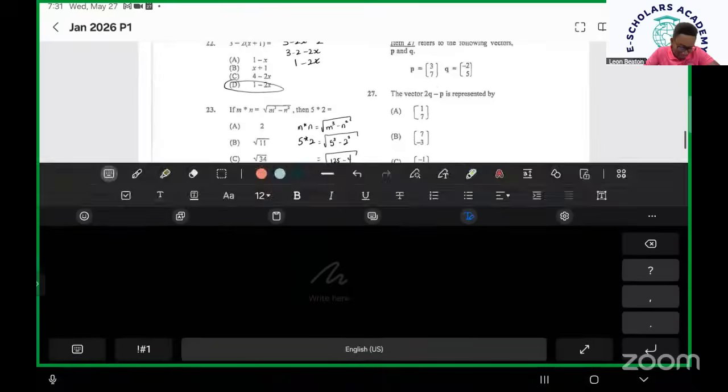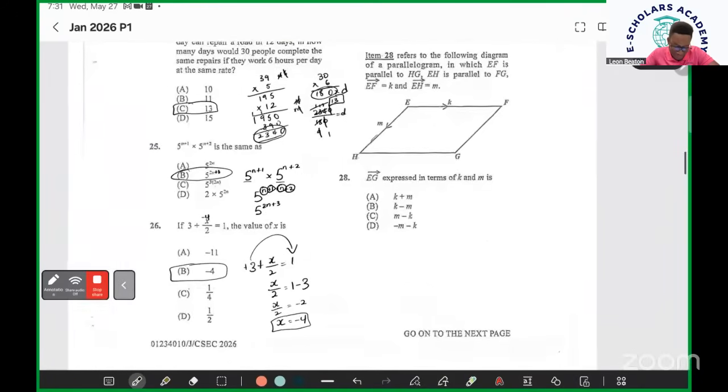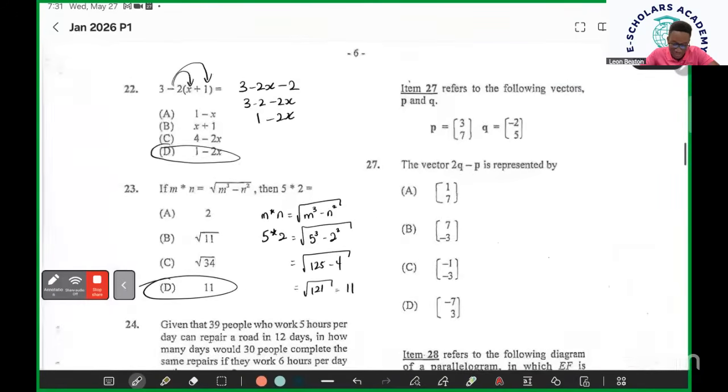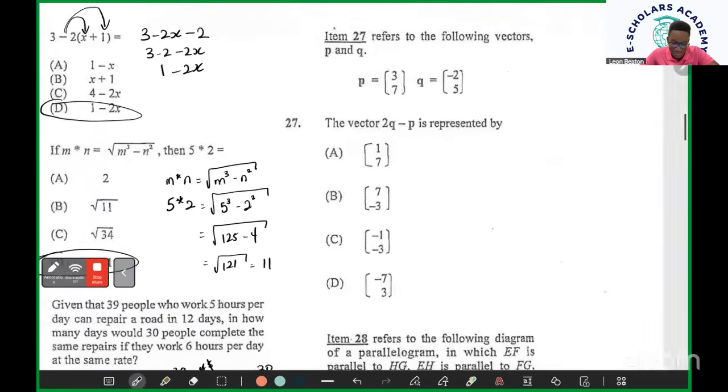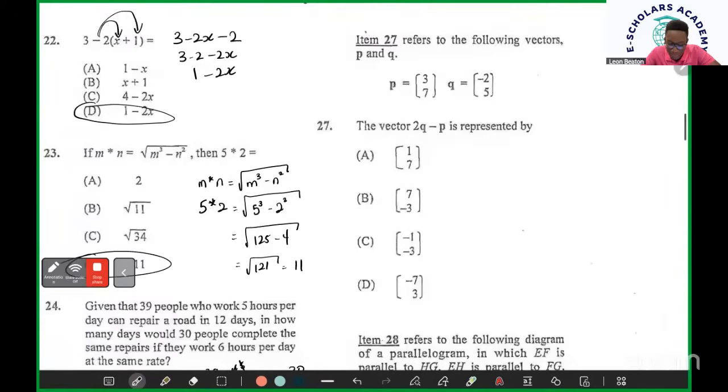So we're looking at some vectors now, right? Some sweet vectors. Item 27 refers to the following vectors. We got the vector P and the vector Q. So 2 times Q minus P. So this will be 2 times Q. Q is this one here. You got to be careful.